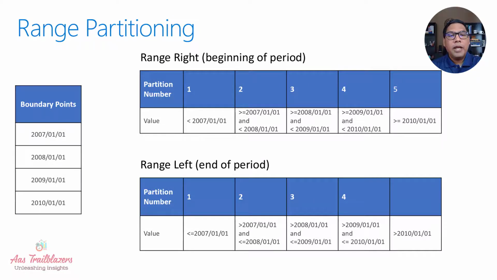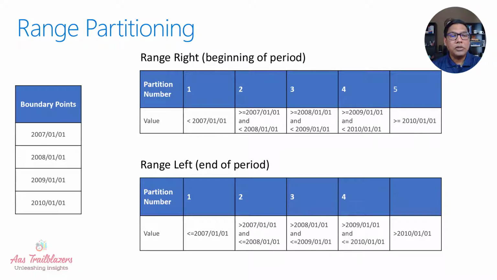Any record less than 1st Jan 2007 will come into partition 1. Any value greater than or equal to Jan 1st 2007 and less than Jan 1st 2008 will be part of partition 2, because Jan 1st 2008 is another boundary point.